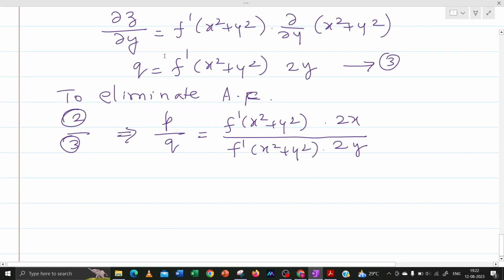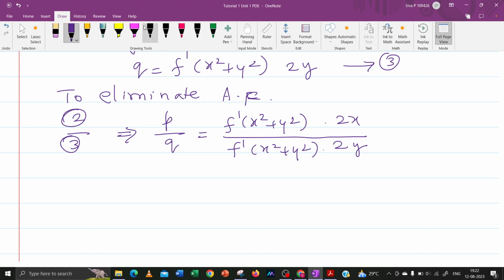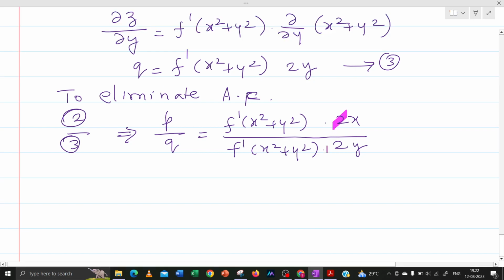So the 2 gets cancelled, and the f dash terms get cancelled.